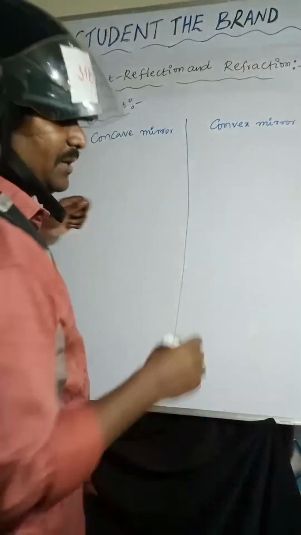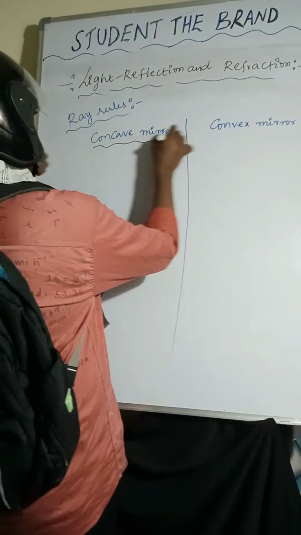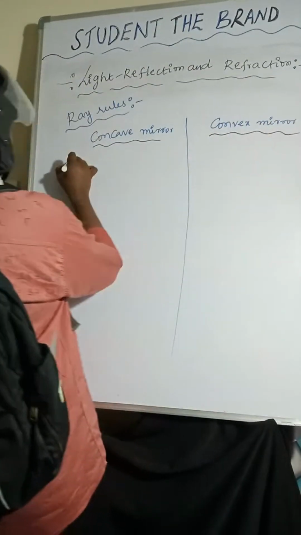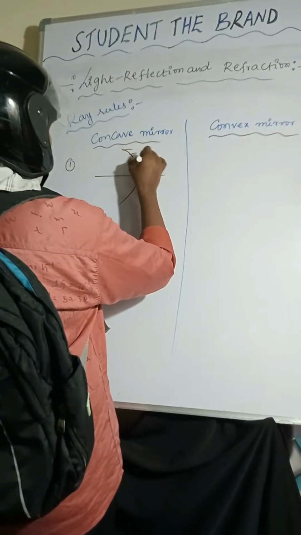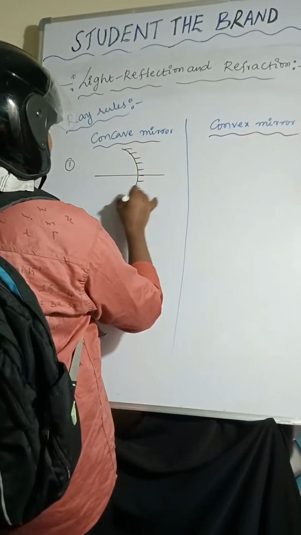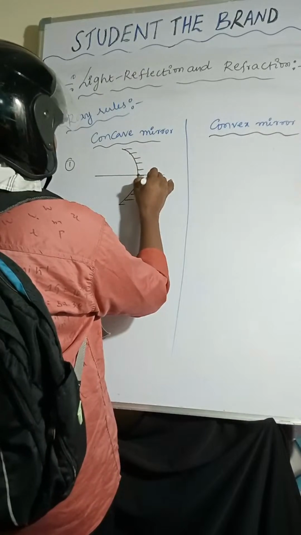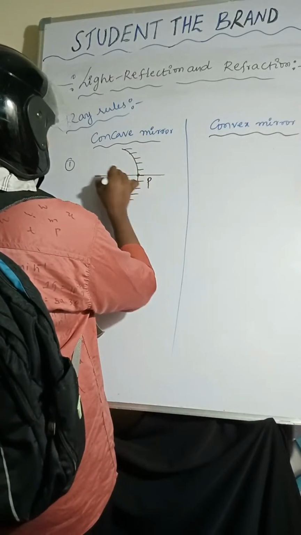Coming to the concave mirror, first one. Pole, focus, center of curvature.